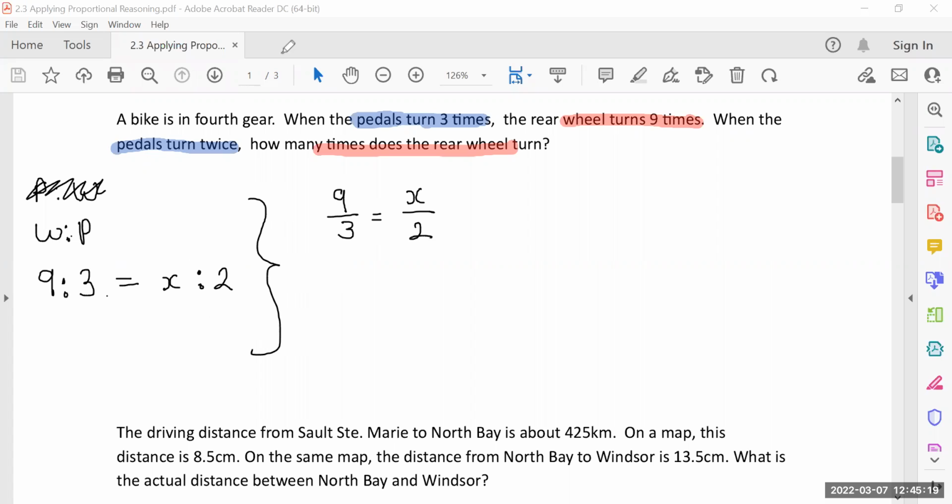And recall, I did the wheel first, not the pedal first. Okay, so maybe that color coding will help you. I know the question gave you the number for pedal first, but you can set it up in whatever order you want. Now, algebra, I want x all alone.